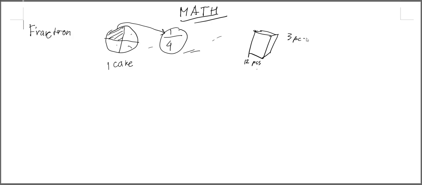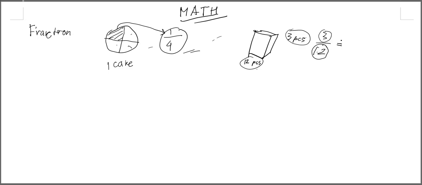Each person, and this is a fraction as well: three pieces of 12 pieces. Everyone got three pieces, and if everyone gathered their chocolates, it becomes 12.